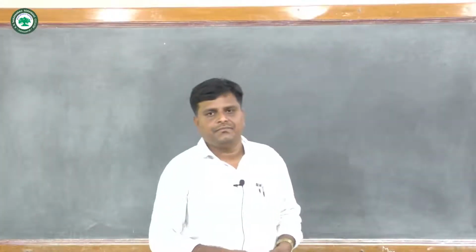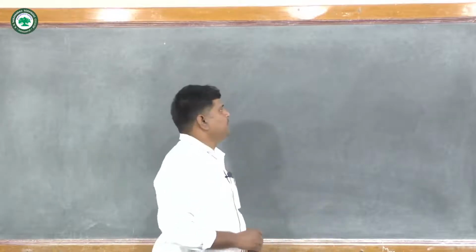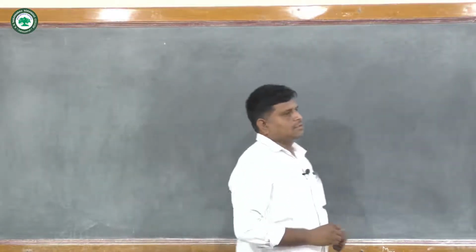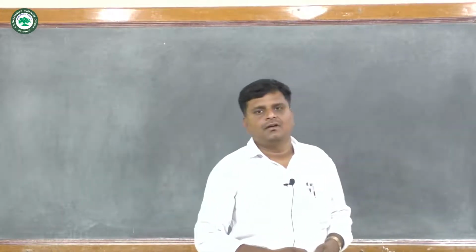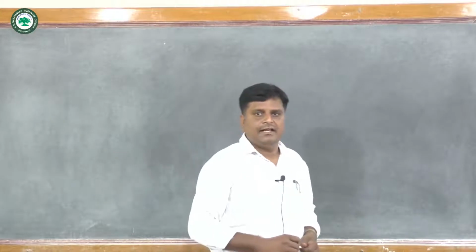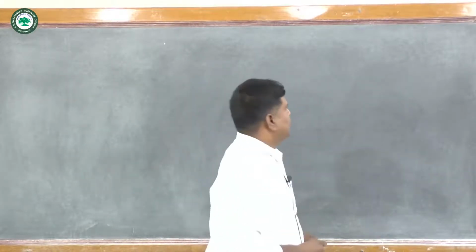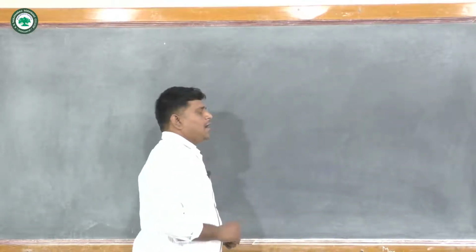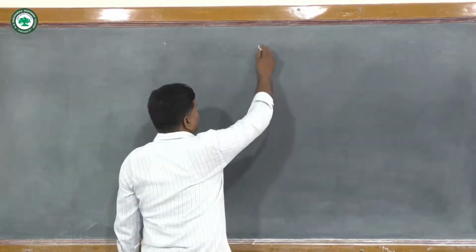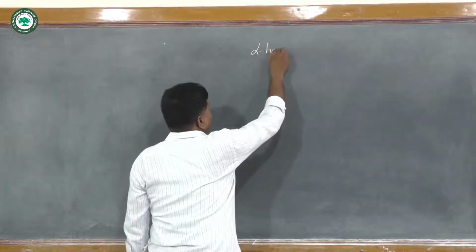Hello friends, in today's lecture we are going to discuss the reactions in the case of 6-member ring systems. In the last lecture we already saw the alpha haloketone effect.